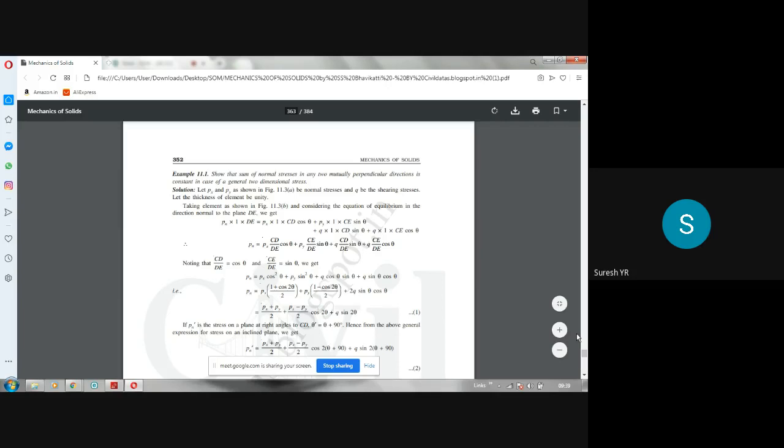If you take two directions and add the normal stresses on those two mutually perpendicular directions, it will be a constant. For that, let us consider a two-dimensional stress system in which Px and Py are the normal stresses and Q is the shearing stress. Thickness I will take as unity.